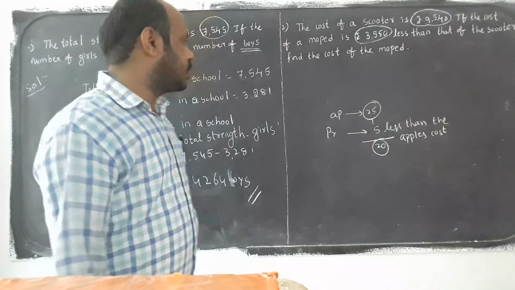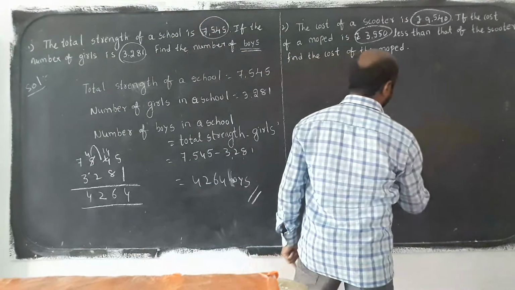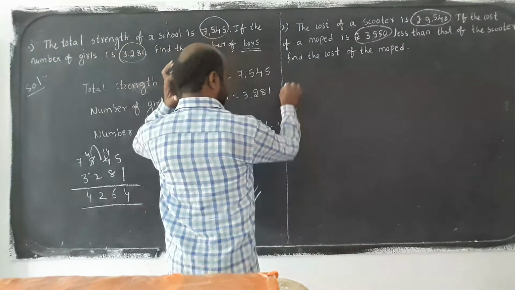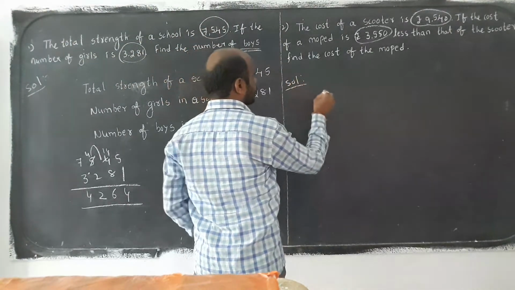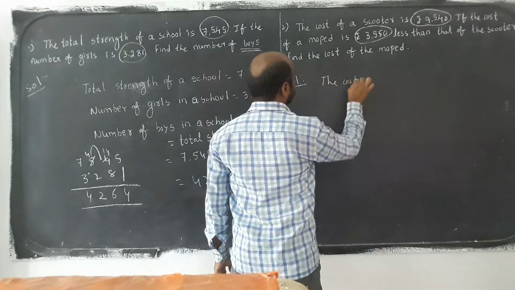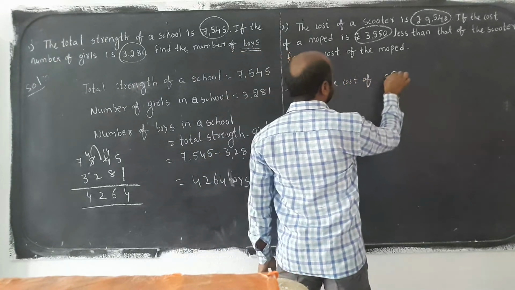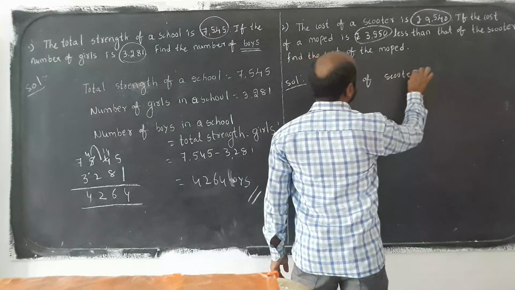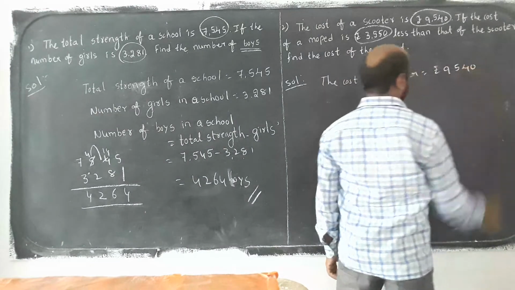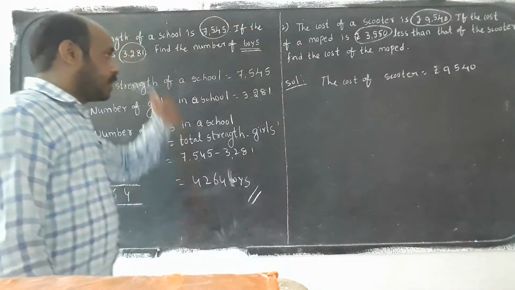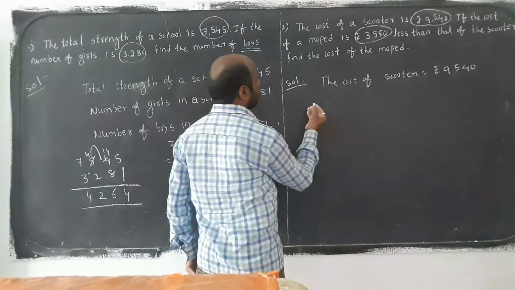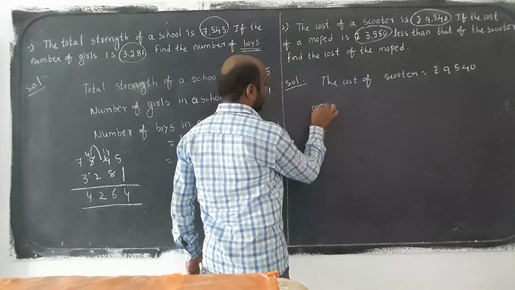See here, first the cost of the scooter is equal to how much? Rupees 9,540. Next is asking for the moped cost.